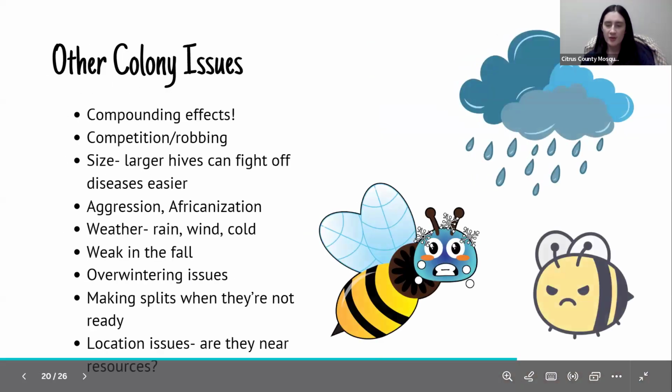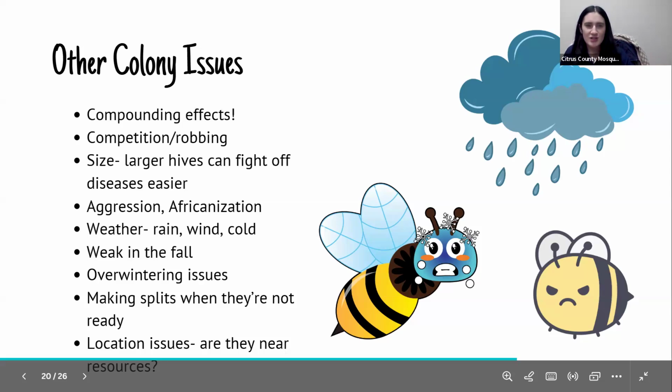And then of course there are other colony issues too. When two or three of these things come together, they can really negatively affect your hive. So competition and robbing: stronger hives will actually rob resources from weaker hives, and that can hurt a colony, especially if they're already struggling.